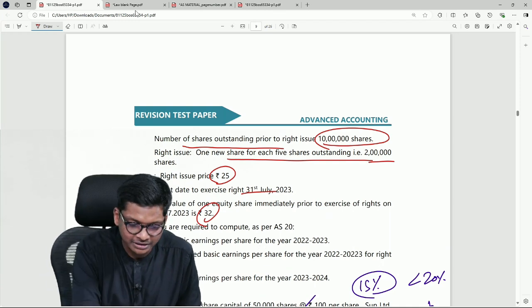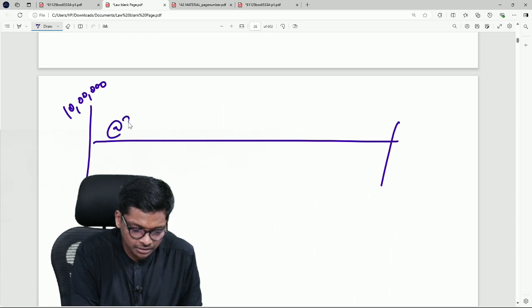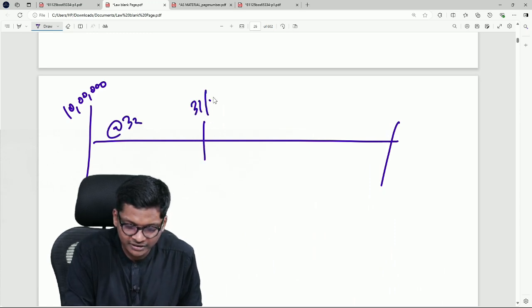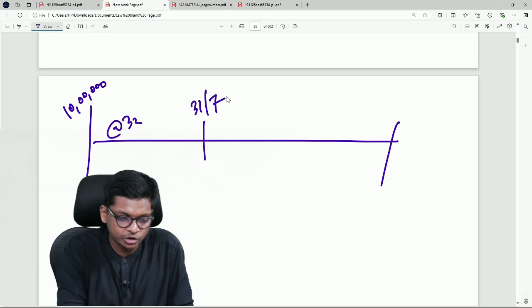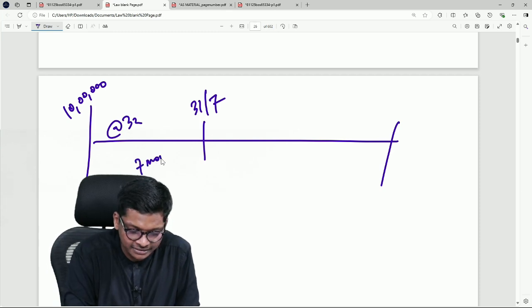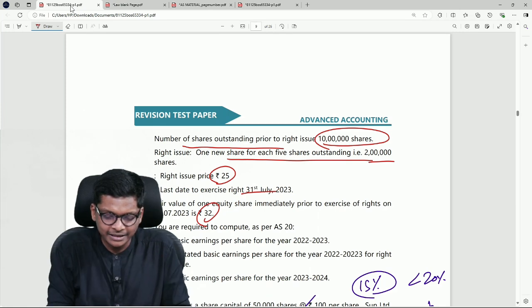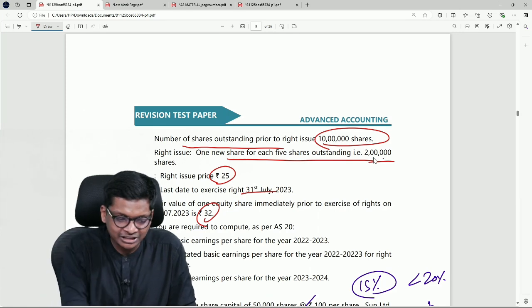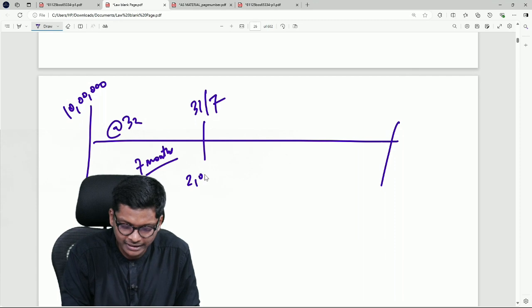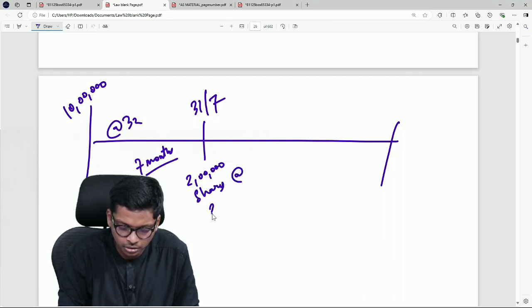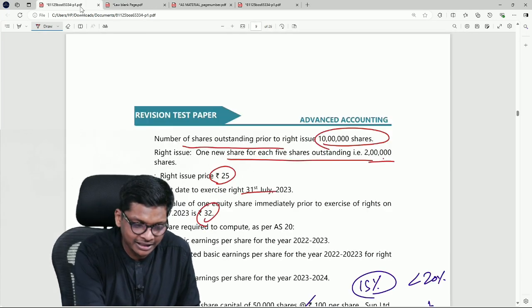Before the issue it was at 32. On 31st of July rights are being issued, that means 7 months. Then rights are issued, 2 lakh shares at 25. So I have 2 lakh shares at 25 per share.